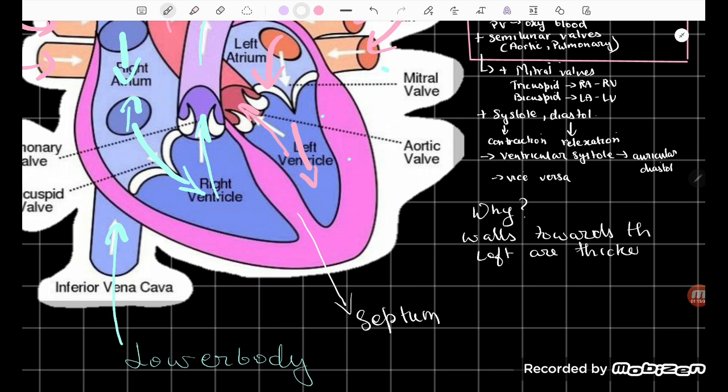This is because, and I'm going to write a small answer here, but I'm going to explain it, this is because the left ventricle pumps blood to the whole body, and hence a lot of energy is required because it has to travel through the whole length of the body.